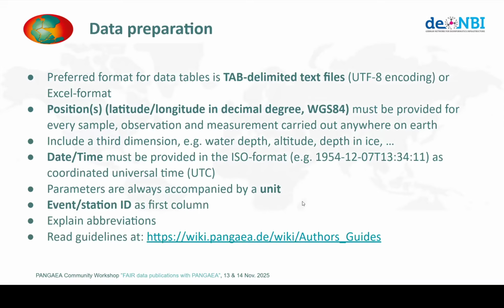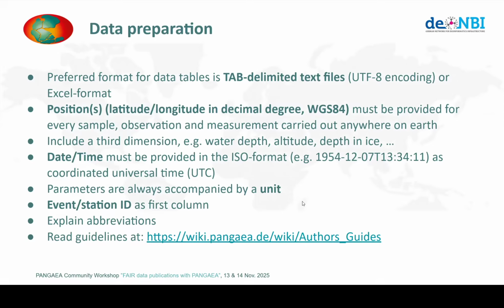So here you can see how you prepare a data table for PANGAEA, as we focus on tabular data, and we have some more guidelines for that. The preferred format is tab-delimited text files or Excel format. These provide the positions, so latitude and longitude in decimal degrees. Also include a third dimension like water depths or depths in ice, depending on your data set.